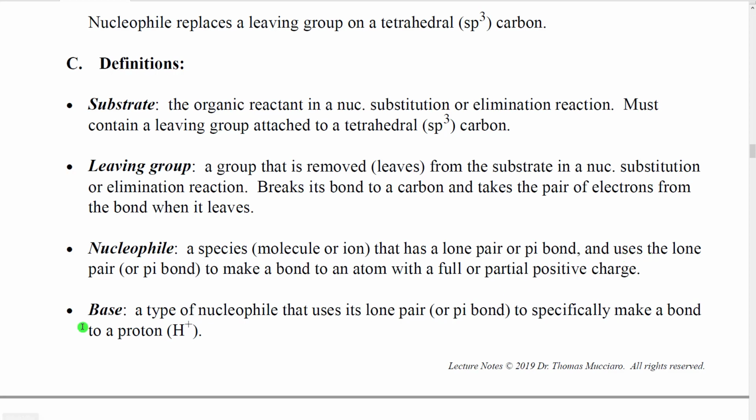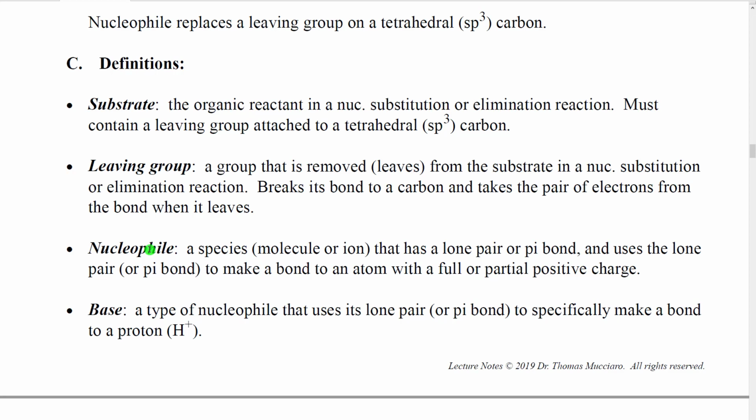Finally then, a base. So we've already used and learned the term base. In a Bronsted-Lowry sense, a base is a species that makes a bond to a hydrogen plus, to a proton. Well, it turns out that bases and nucleophiles are the same thing.